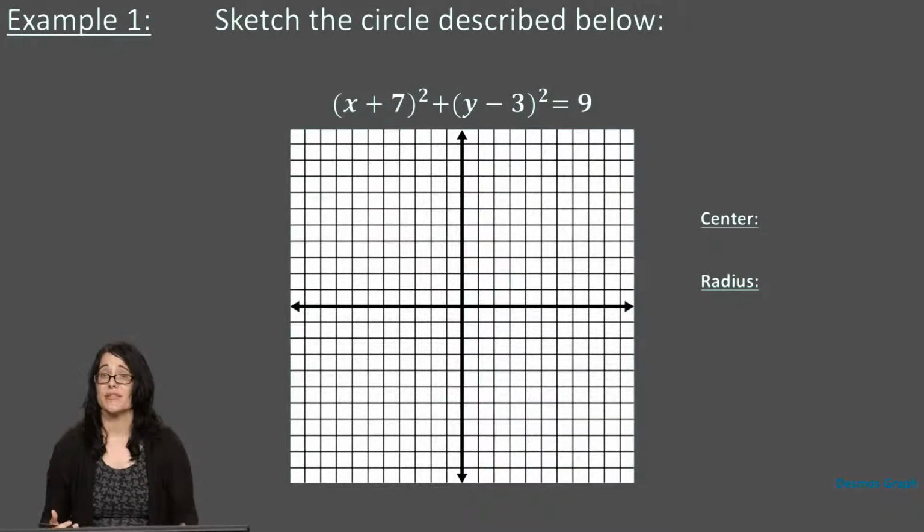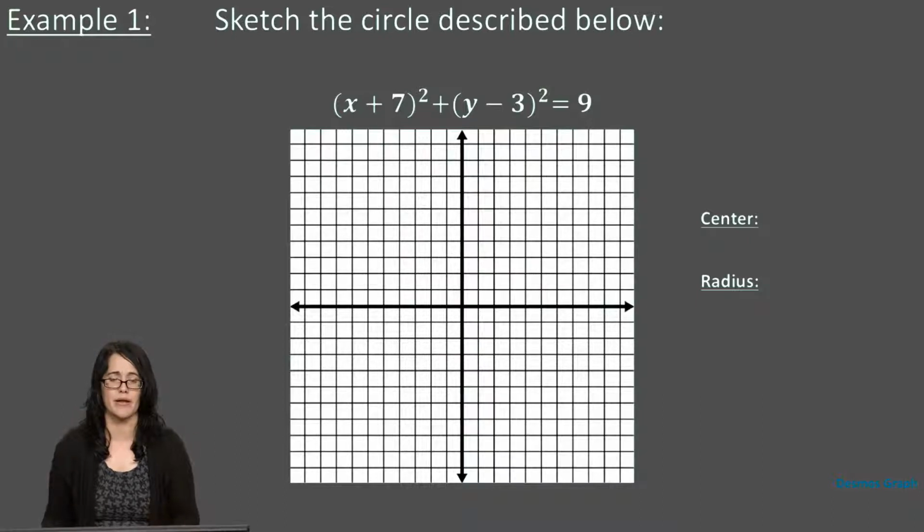But later on today in this video, we'll see that sometimes people have chosen to FOIL out and distribute the terms, making an expanded or general form. So we still will be expecting you to know that this is a circle. So the two ways that you can tell that this is a circle, besides it being in standard form, are that both x and y are squared, they have the same leading coefficients, and they're being added together.